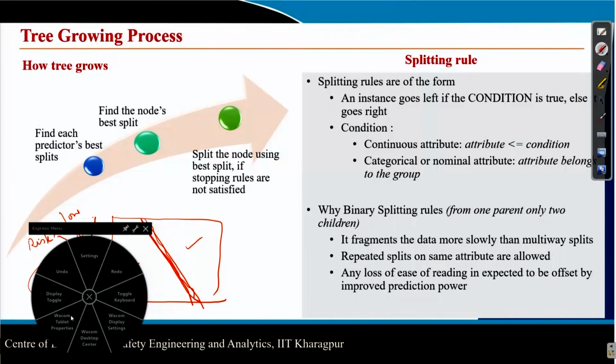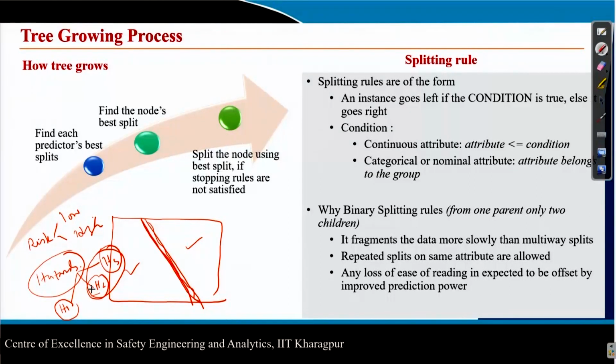So there could be 3 splits for this predictor variable. Find out which one is the best. How do you find out? You use certain measures known as impurity measures, which I will discuss later.